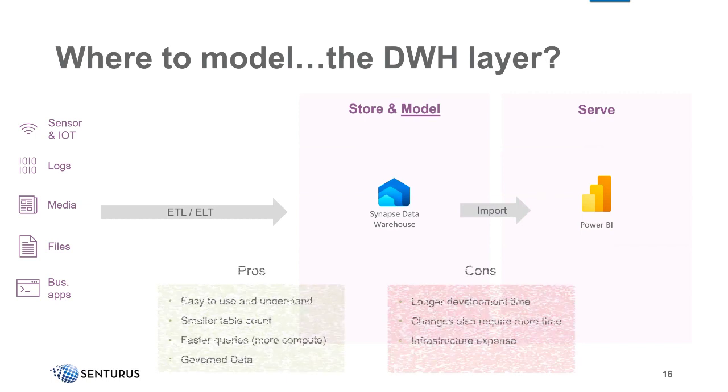So what are the benefits here? Obviously, this is the classic approach. We all know about it, but it's easy to use and understand. That particular table count is much smaller. So if you had about 50 tables from an Oracle ERP system that we just showed you how to join, after you've done all the ETL work into the warehouse, you're down to maybe a 5-table count, right?